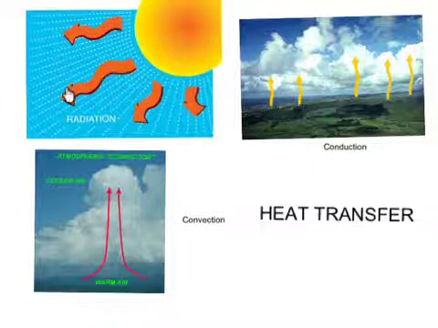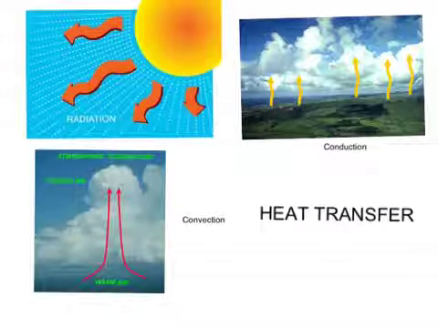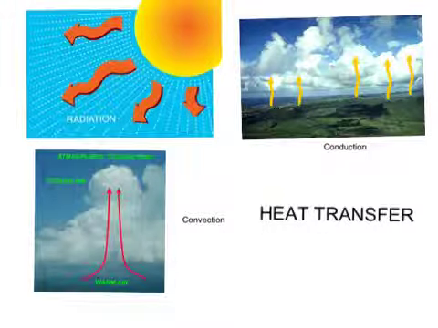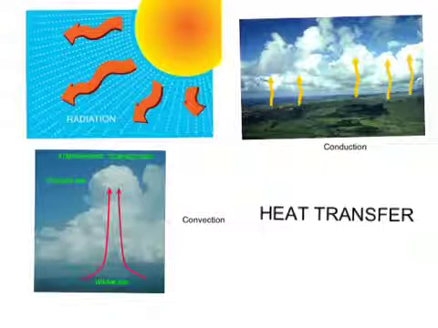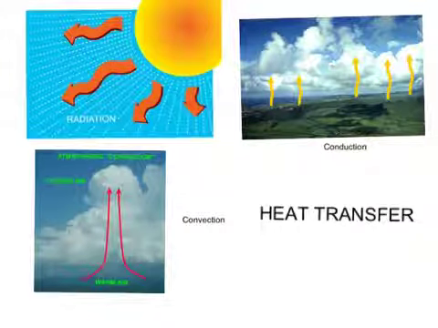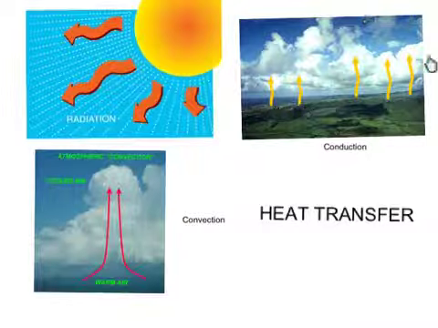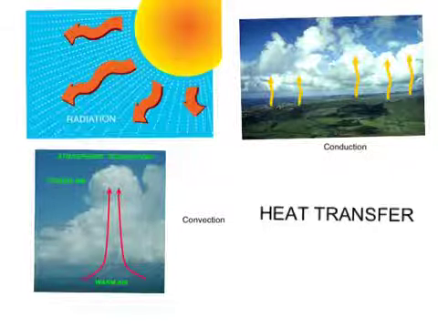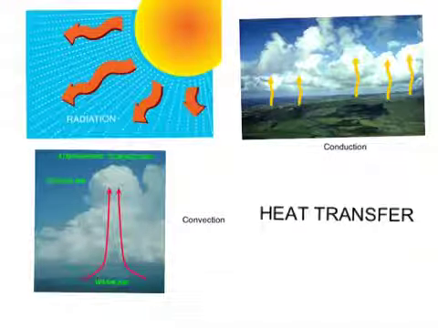And radiation is when the infrared rays heat the surface for the first few layers of the earth. So you can see that the air pushes up in convection and the air comes up into the atmosphere in conduction, and the radiation is heating the earth.